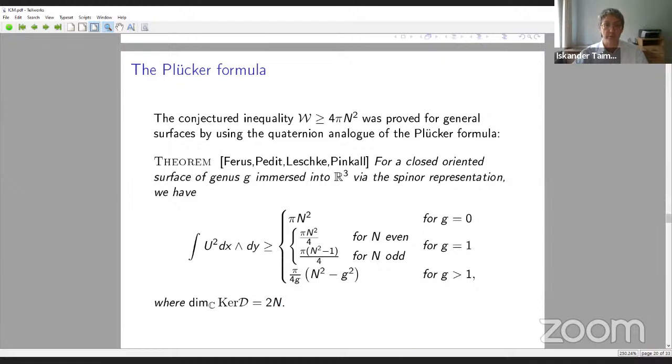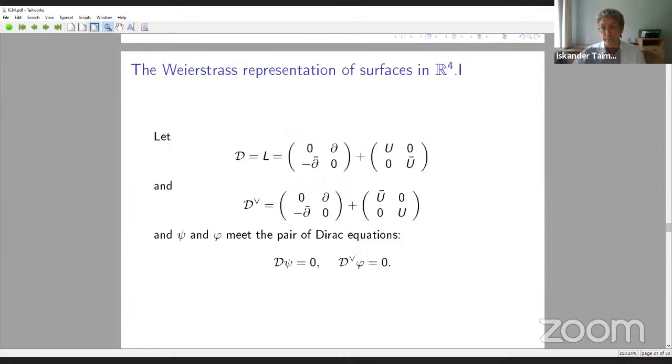What was the most interesting for me at this point is that they started to look for surfaces in R⁴, not in R³. And what is the Weierstrass representation of surfaces in R⁴? Let's consider two Dirac operators, D with a complex-valued potential and the adjoint operator, for which these potentials on the diagonals are swapped.